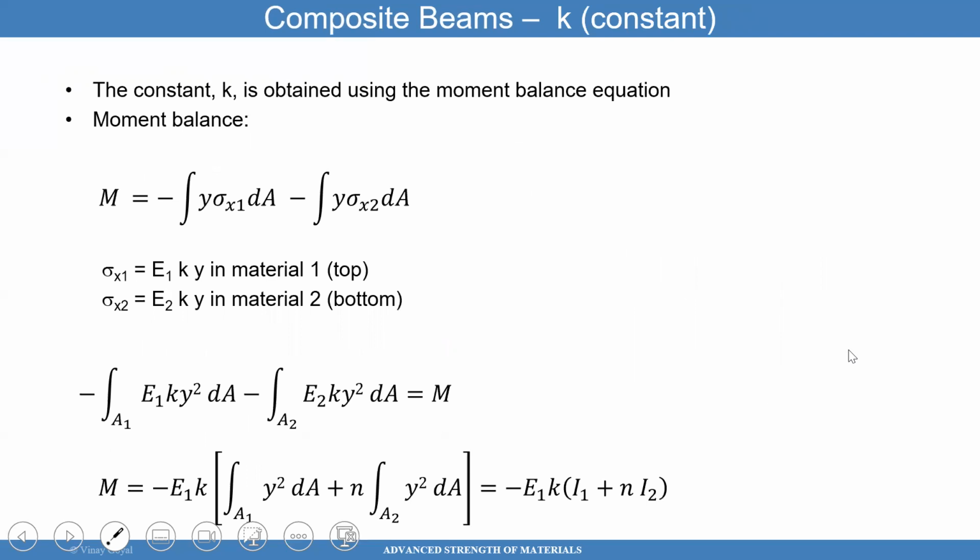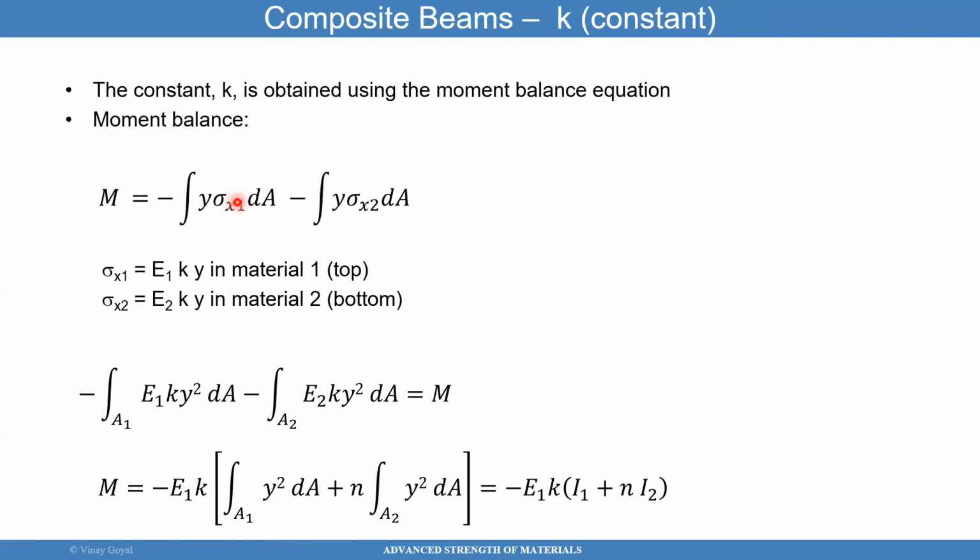So now I'm going to move on to discussing the composite beam. For the composite beam, the moments can also be added. So I want to determine what the moment is.